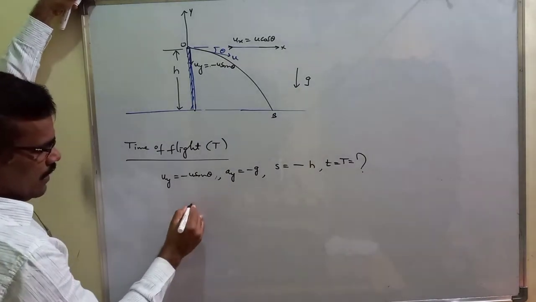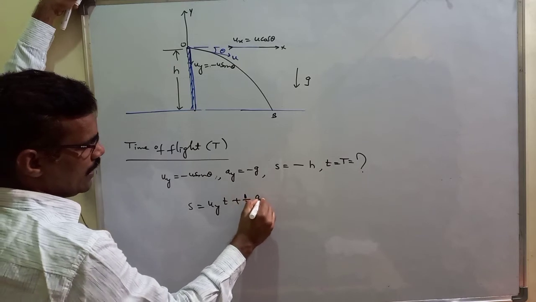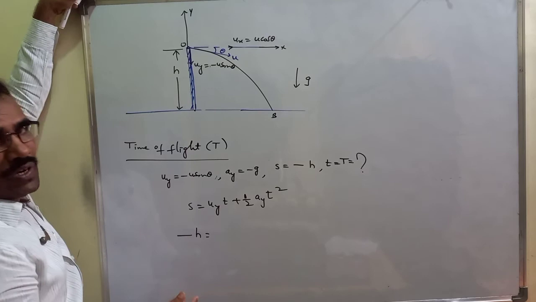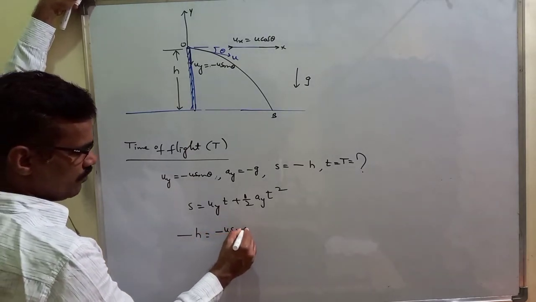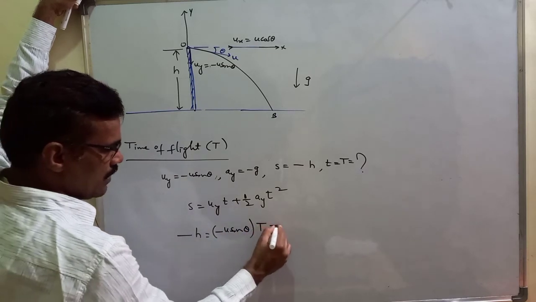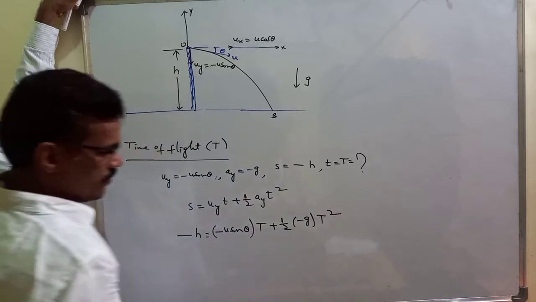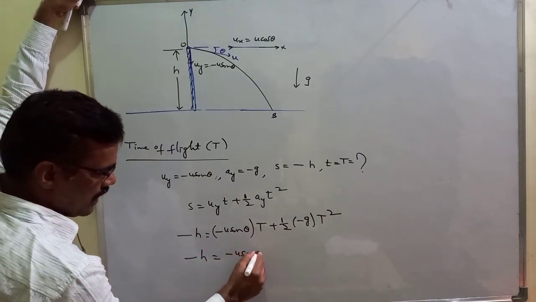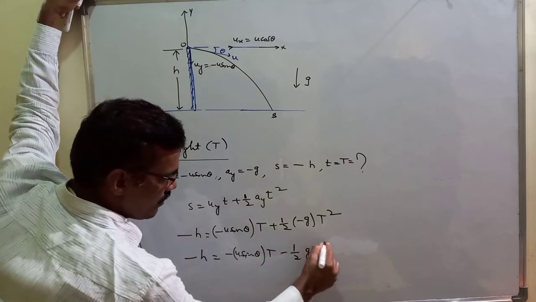Then here S is equal to uy t plus half ay t square. S is nothing but minus h, the vertical displacement. Uy is minus u sin theta into capital T plus half of minus g capital T square. Here minus h is equal to minus u sin theta into t minus half g t square.